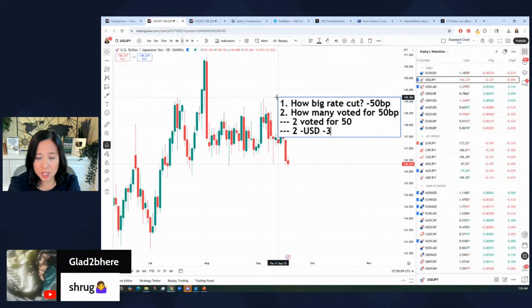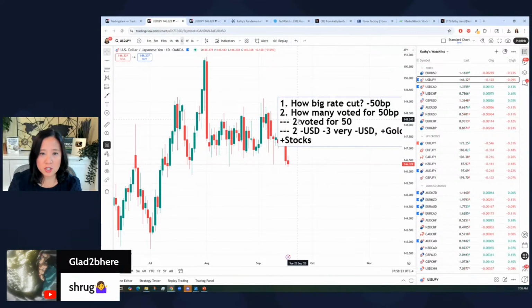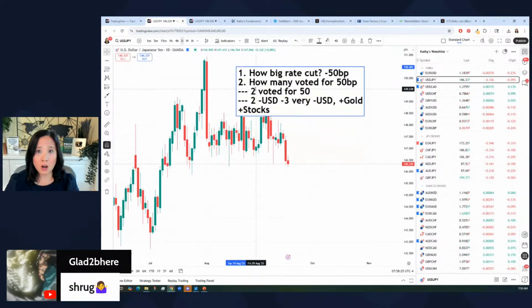If we get 3 or 4 who voted for 50, that's going to be very dollar negative, positive for gold, and positive for stocks. So this is the second thing that we are looking for: number one, how big is the interest rate cut? Number two, how many voted for a 50 basis point move?